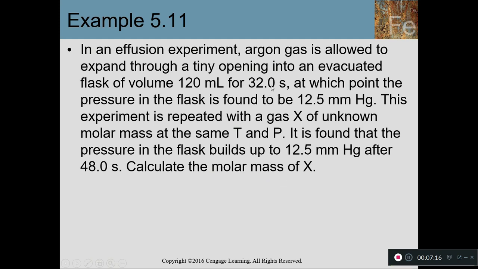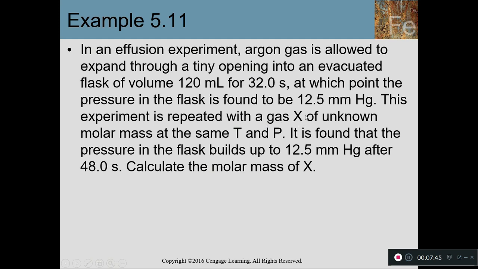Well, let's think about it. Is the new compound going to be bigger, or is the new compound going to be smaller than the argon? Argon took 32 seconds to get up to 12.5 millimeters of mercury. The new compound, X, took 48 seconds. Since it took longer to get up to 12.5, that means it took longer for the molecules to leave the container.